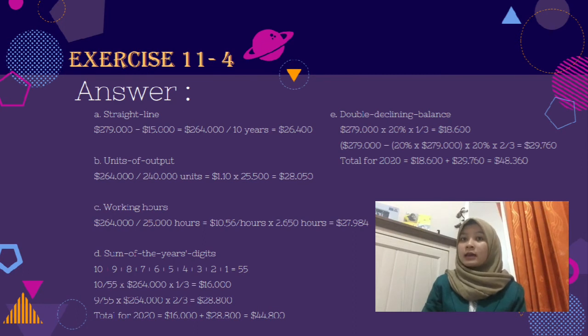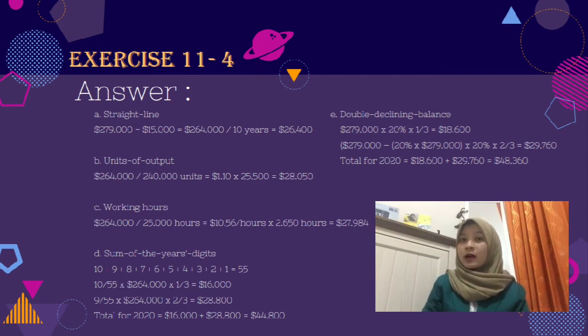And then 9 divided by 55 multiplied by $264,000 multiplied by 2 divided by 3, and the result is $28,800.